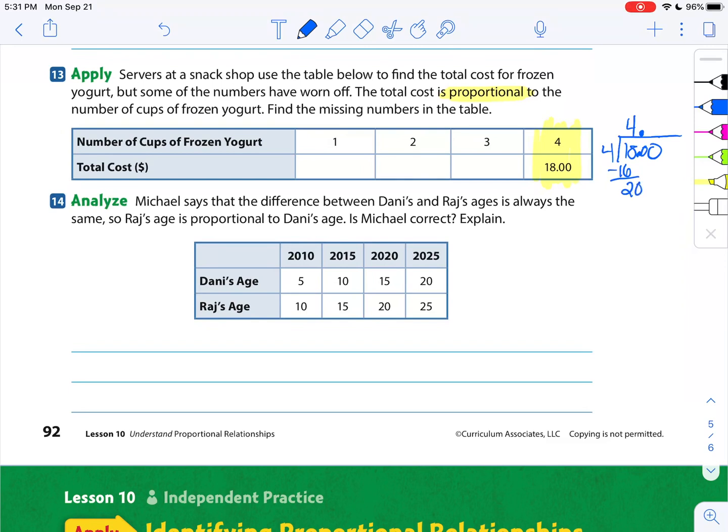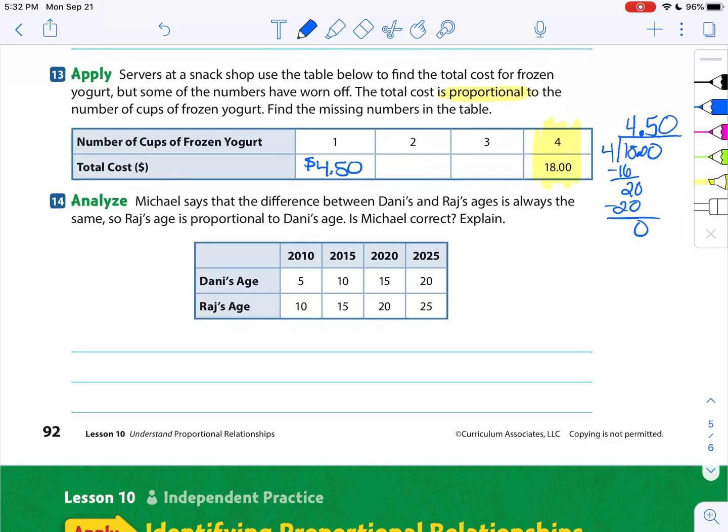Then 4 goes into 20 5 times, and 5 times 4 is 20. 20 minus 20 is 0. But because we're talking about money, I need to make sure that I have 2 decimal places, so I'm going to add a 0 to the end. Based off my division, I can see that it costs $4.50 for 1 cup of yogurt.